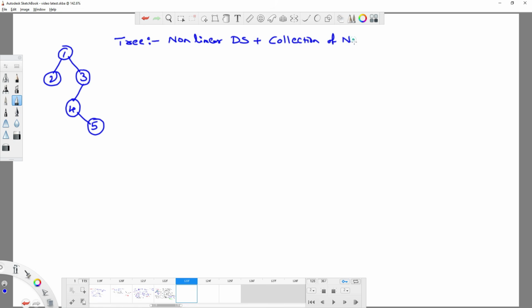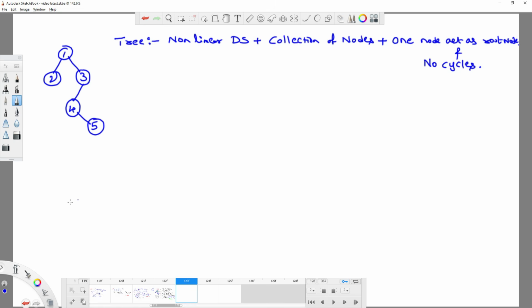Among all these nodes, one node acts as the root node. This is the definition of a tree. A tree is a non-linear structure which is a collection of nodes. Among those, one node acts as a root node, and we won't have any kind of cycles.